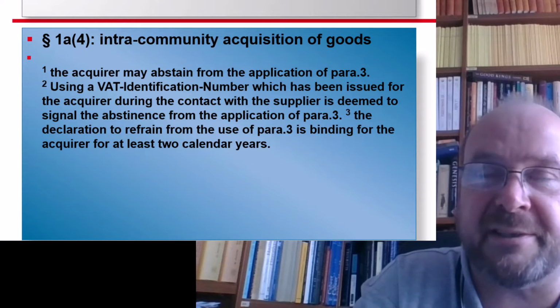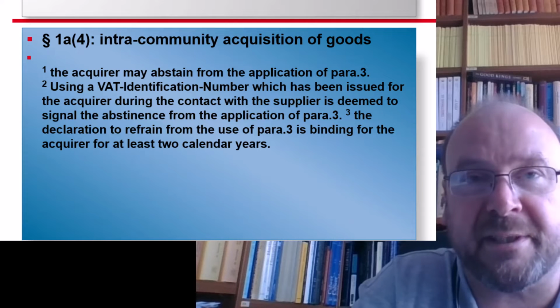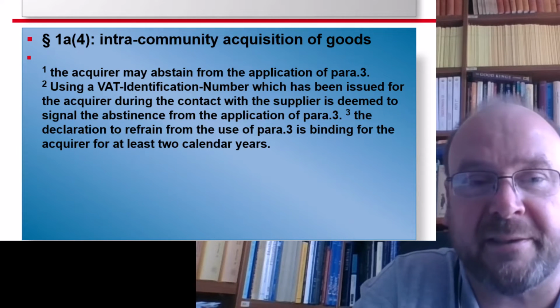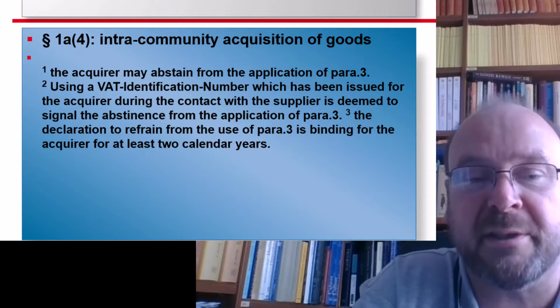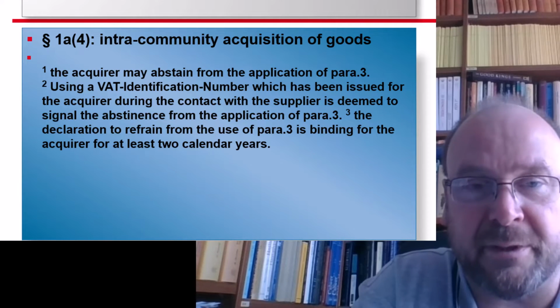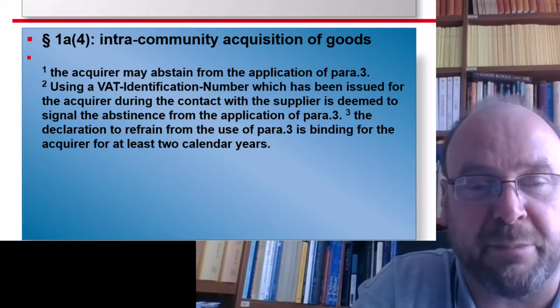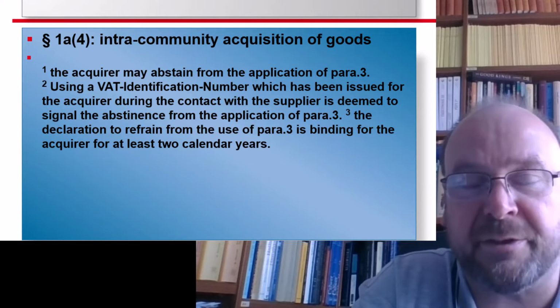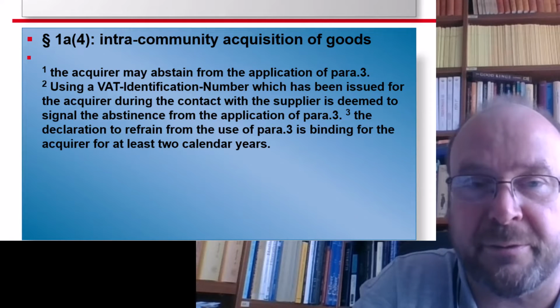I buy something else from another member state on Thursday. I decide to classify myself again as a half entrepreneur and so on. That shall not be possible. Once you decided you are going to learn the regular rules and apply them and act as a taxable buyer, then you should stick to it for at least 2 years.